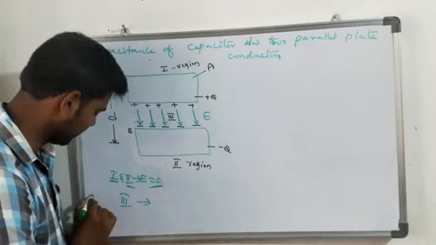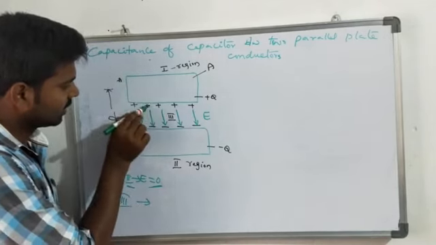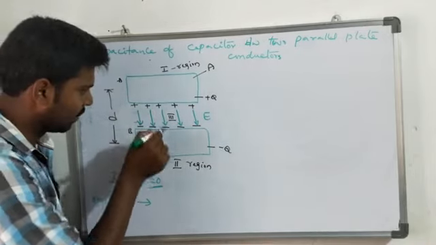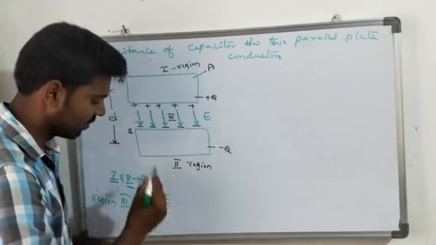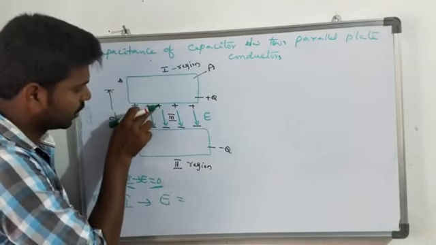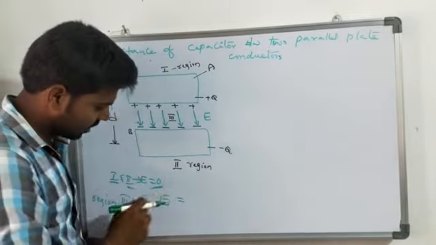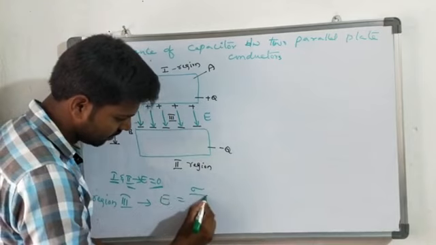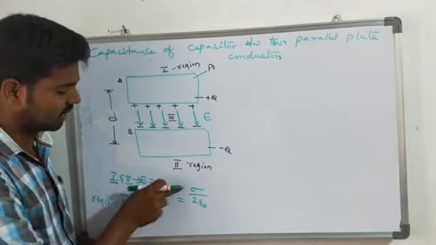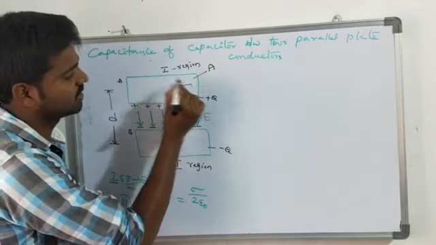In region 3, this side has a positive electric field and this side a negative electric field. Between these two, what is the electric field? Due to the positive charge, the electric field is E equals sigma by 2 epsilon, where sigma is the surface charge density.